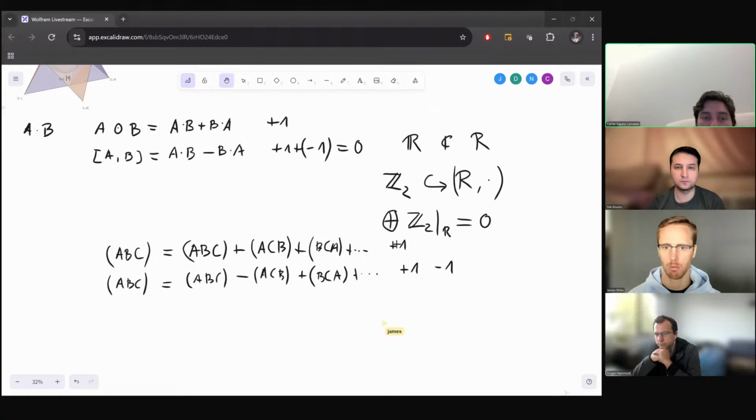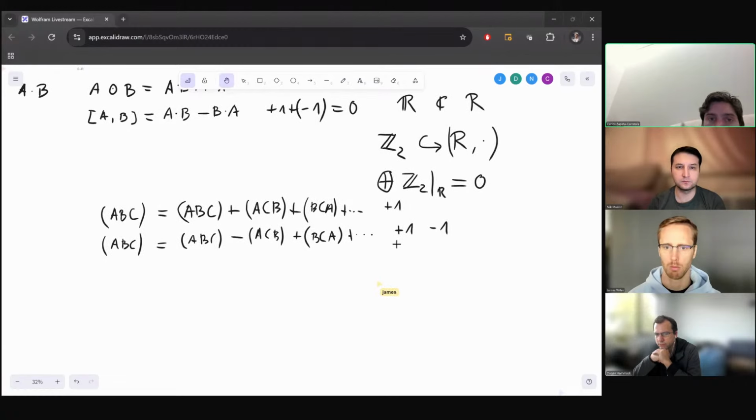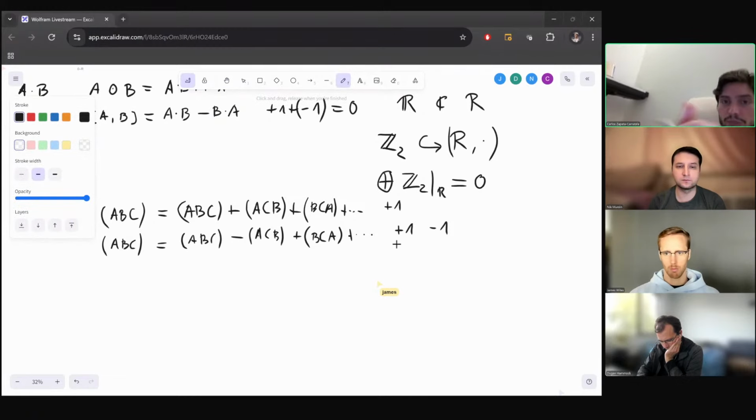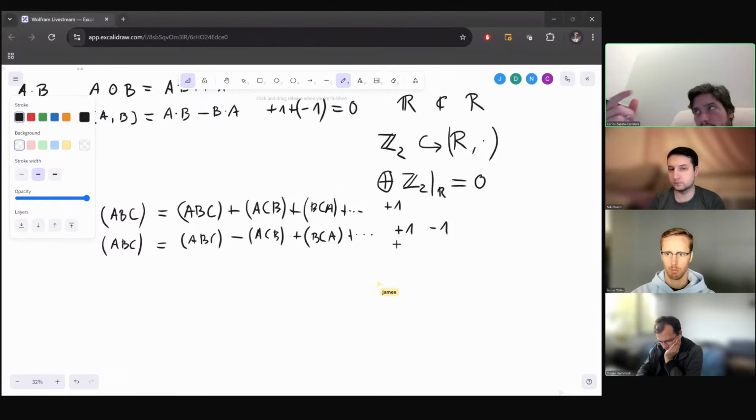Now, in the ternary world, there's more, because I can actually cycle my elements. With 2 elements, cycling and permuting is the same thing, but with 3 elements, cycling and transposing become different things.